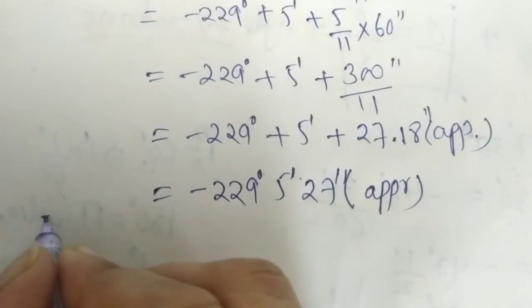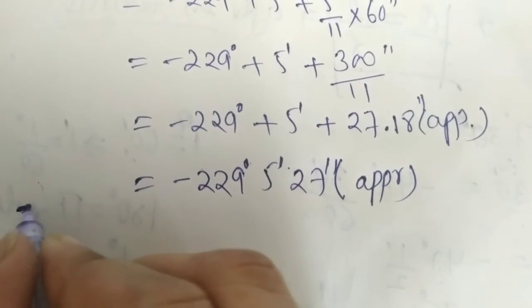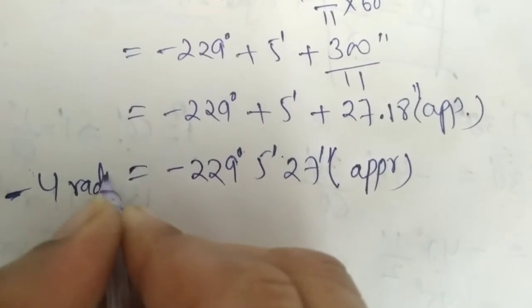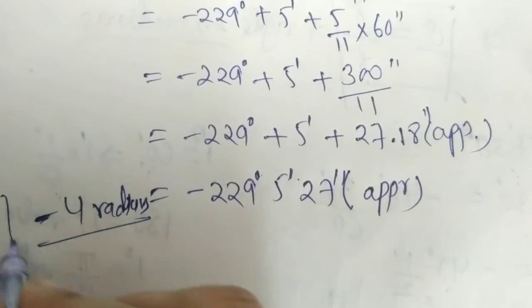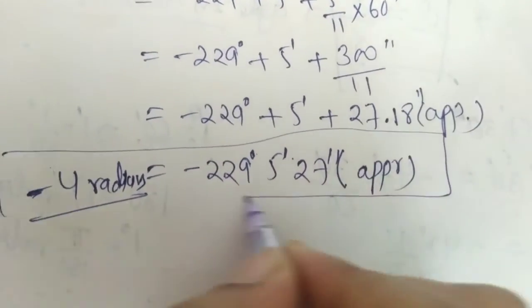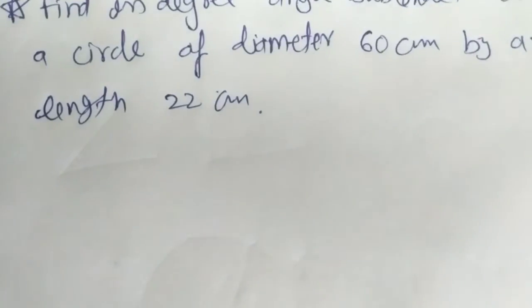This is minus 4 radians. Thus the solution is completed.